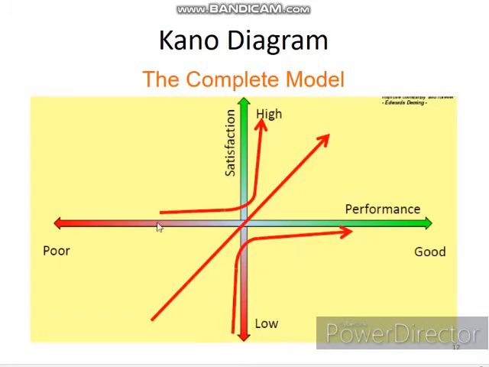You can also ask your customer, when you do a market survey, what might be the excitement feature that they are looking for, that might make them switch from other products to your product, what are the performance features that they are looking for in a product, and what are the basic features that must be in a product. So you can design your questionnaire according to this Kano diagram model to get feedback from your customer.